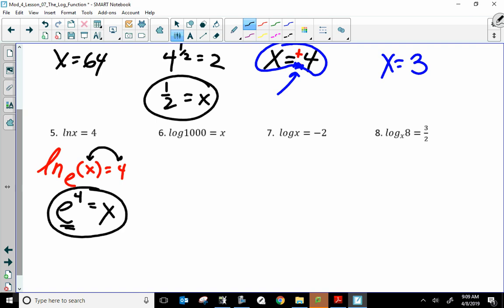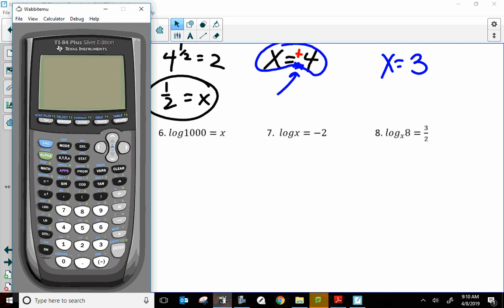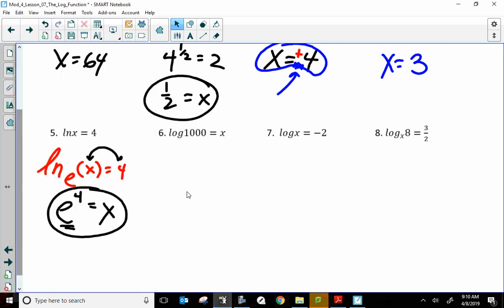You cannot represent it with a fraction. When you get to calculus, your answers need to be left like this. But because we can put e in the calculator, above ln in blue, you'll see e to the x, and I'll just put a 4 there. It's 54.598. Let's call it 54.6. So x is approximately 54.6.